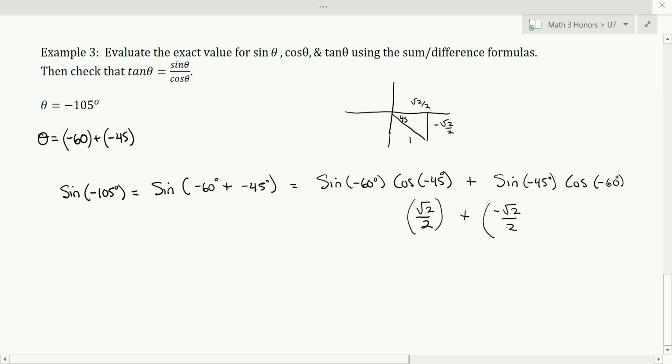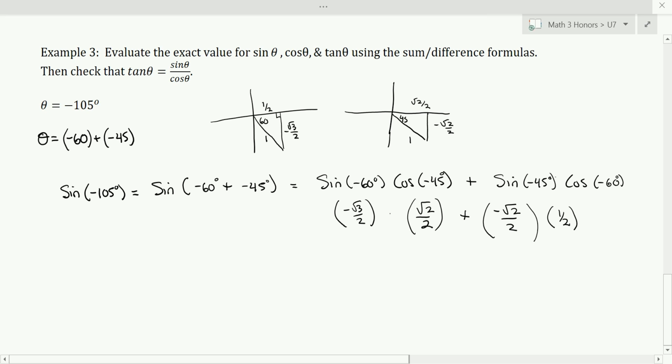And now I need to find the sine and the cosine of negative 60. So I'm going to draw another picture to help me. 60 here, 1 here. This is root 3 over 2, but it's negative. And this is 1/2. So the sine would be negative root 3 over 2. And the cosine would be positive 1/2.